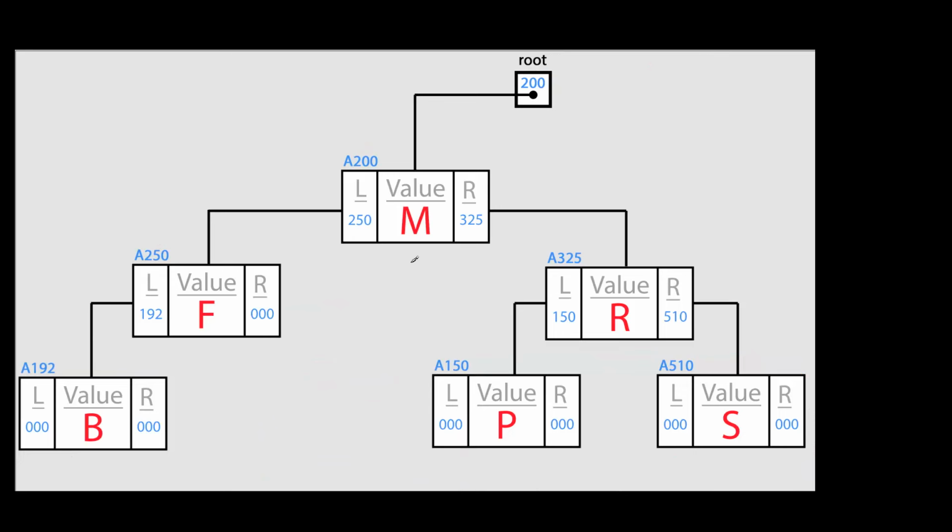The other very important thing to notice about the tree is that the values to the left are going to be less than the values to the right. These are greater here.